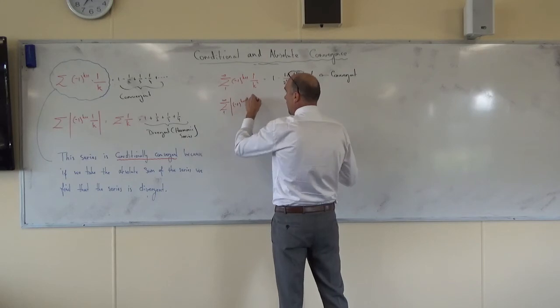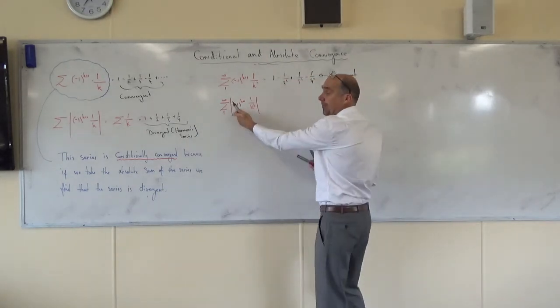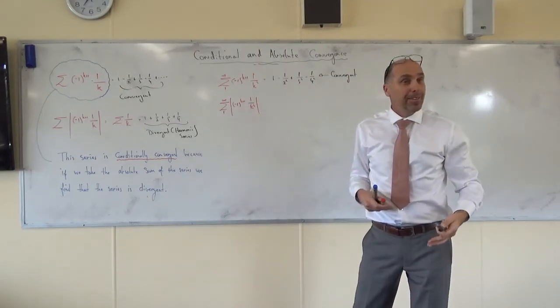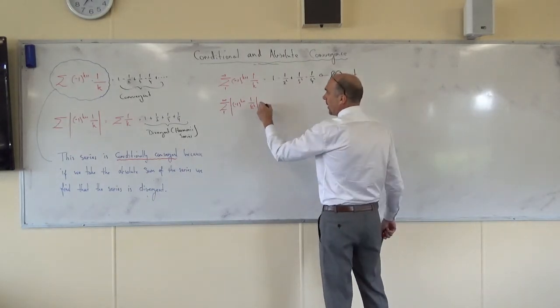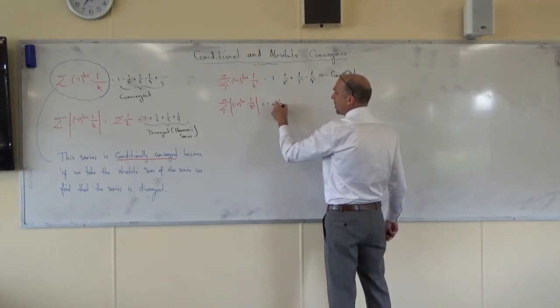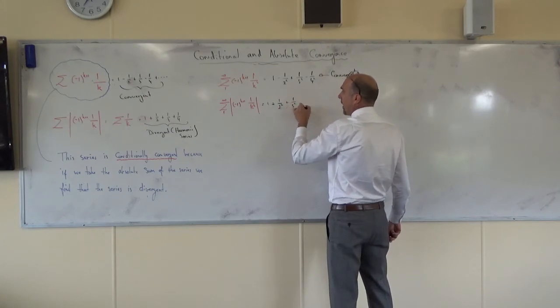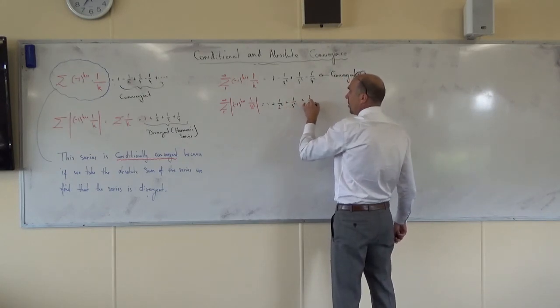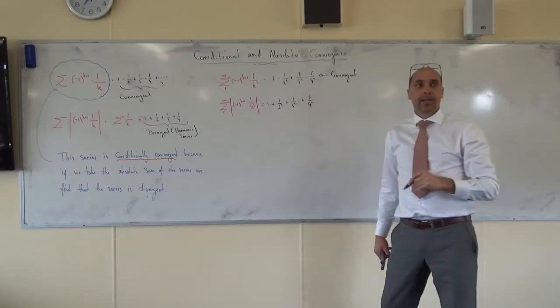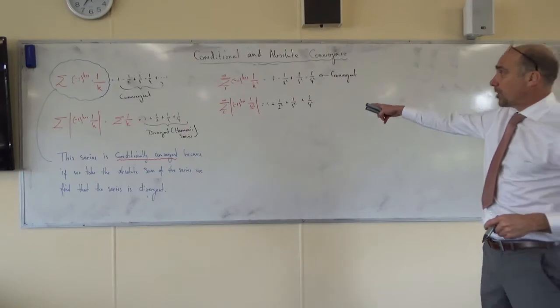Here's the absolute value of that. What does that equal to? The absolute value means I don't have to worry about the positive and the negative. I take the absolute value of that, I get 1 plus 1 on 2 squared plus 1 on 3 squared plus 1 on 4 squared. Is this convergent or divergent? That's convergent also, isn't it?